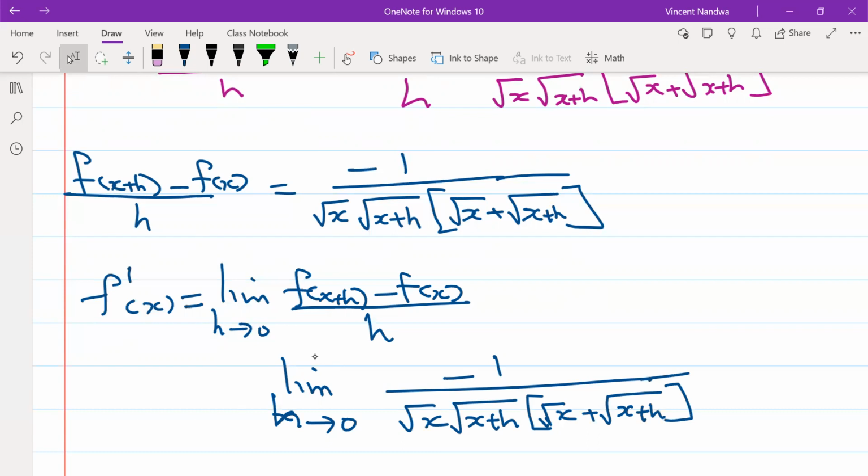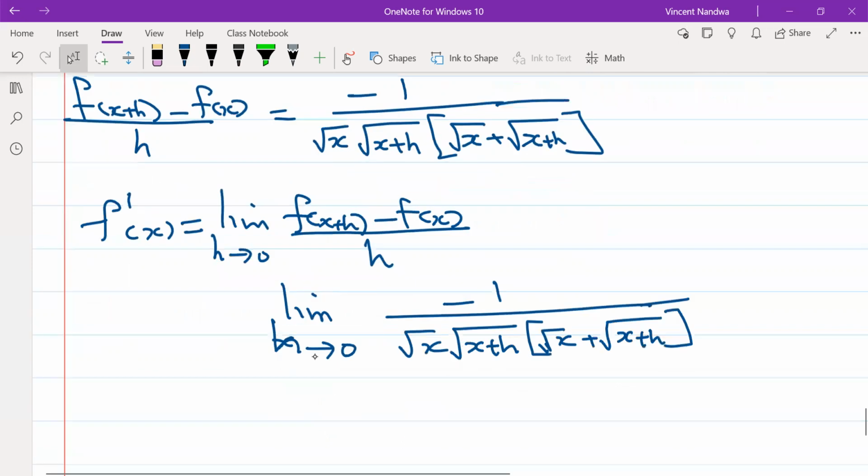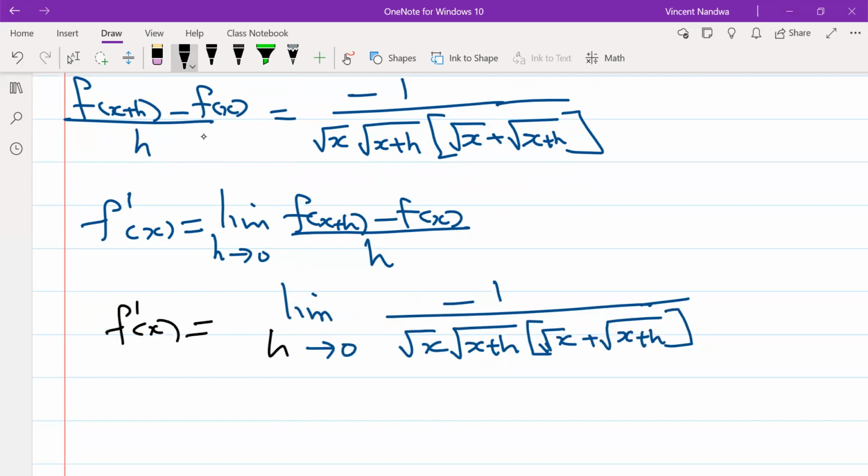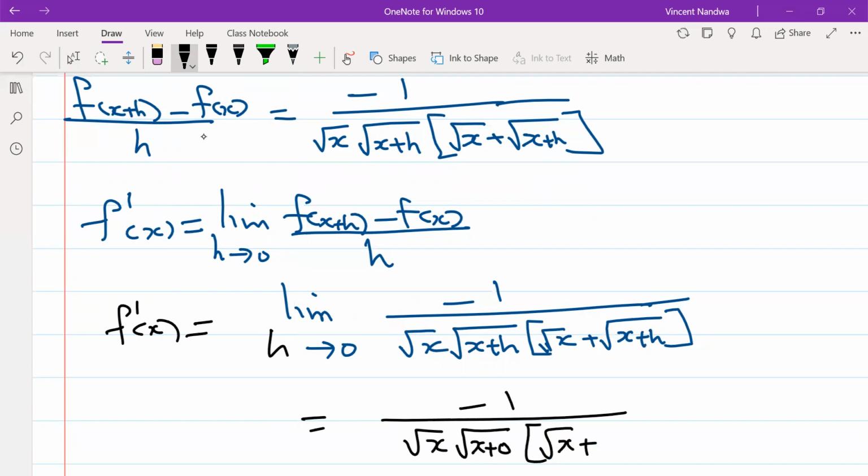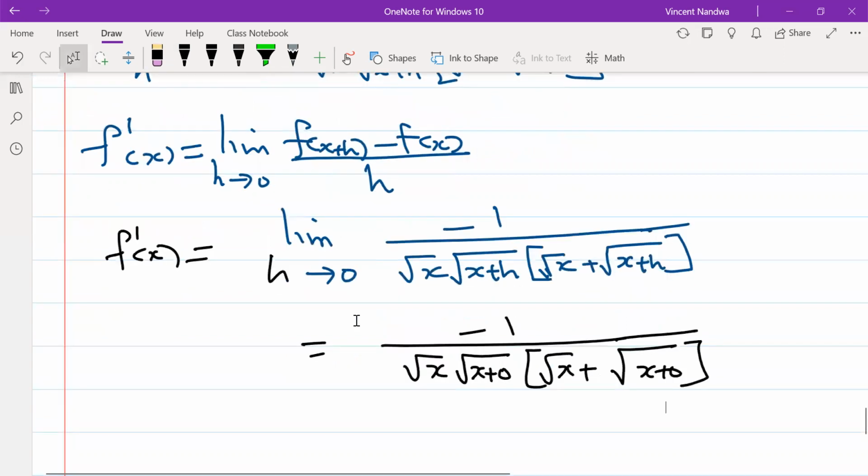So there the direct substitution must always work because we have done some simplification. So where there's h, we put a 0. Negative 1 over root x plus 0 into root x plus 0, correct. So this will be negative 1 over root x by root x.